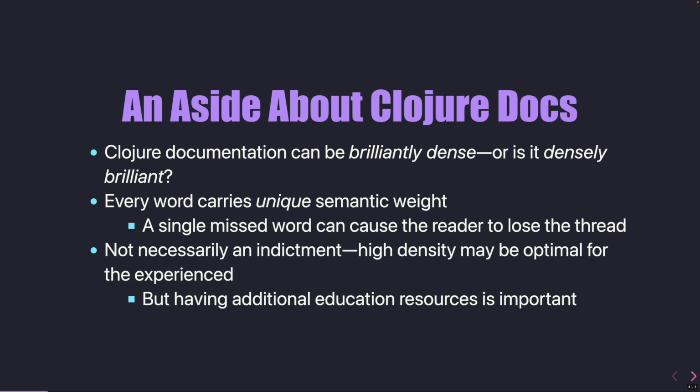I want to say, both with regard to what we just looked at and Clojure documentation in general, whether that's doc strings or documentation on clojure.org, it has a unique style often. It can be really brilliantly dense. But the one factor with that density is that every word carries important weight, and sometimes when we miss a word in that documentation, it can cause us to lose the thread on what it's trying to say.